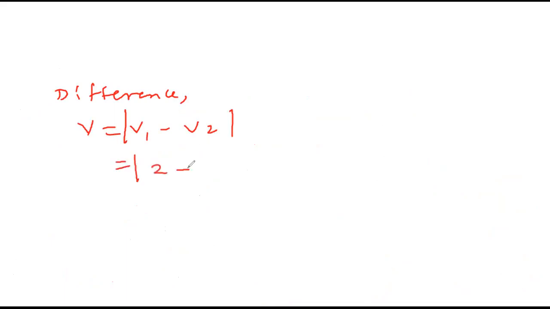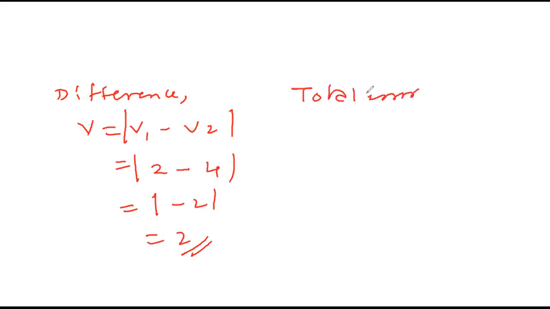Now the difference we are finding. When you want the difference in volume, the first operation is the same: V1 minus V2, by magnitude. So this is 2 minus 4, which equals minus 2. The difference of volume is 2. But for error, whether you are adding or subtracting, remember error is always added.